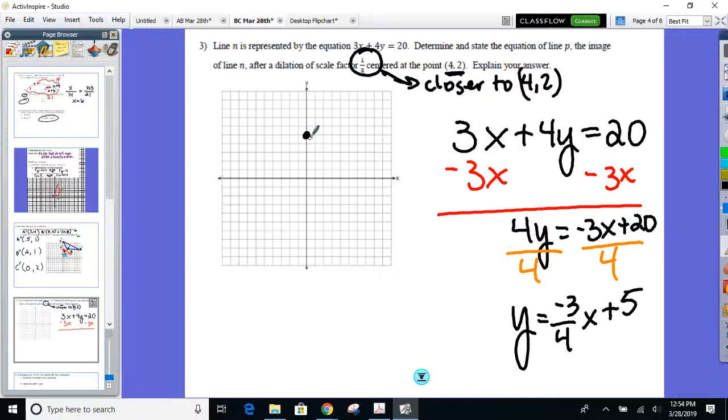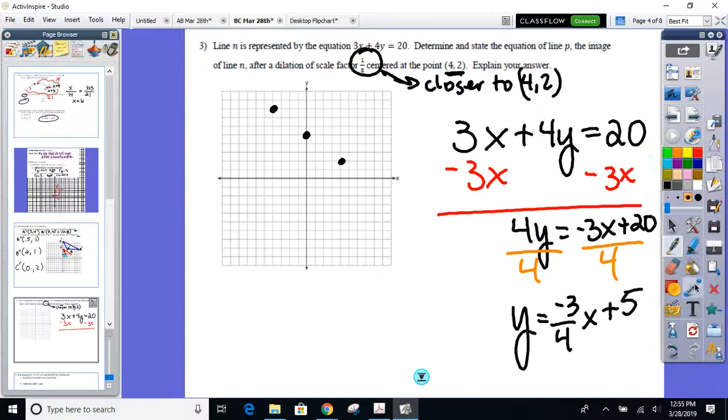How do I find more points? What's my slope? Negative 3/4. So tell me directions I could go here. Down 1, 2, 3. Right 1, 2, 3, 4. Or I could go up 1, 2, 3 to the left. 1, 2, 3, 4. Grab the straight edge, graphing that line.